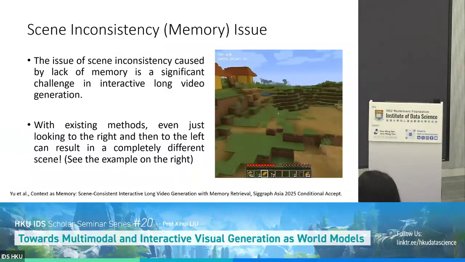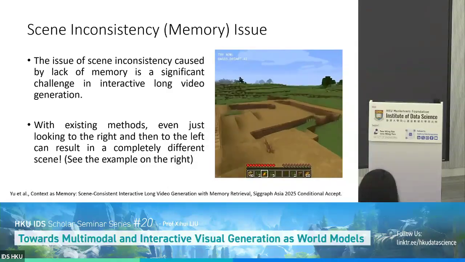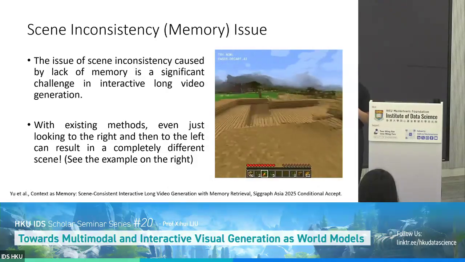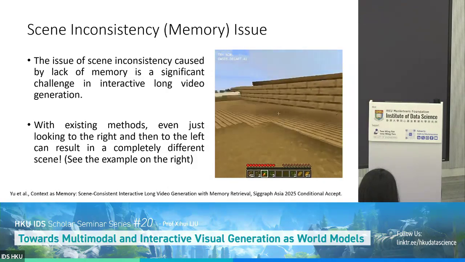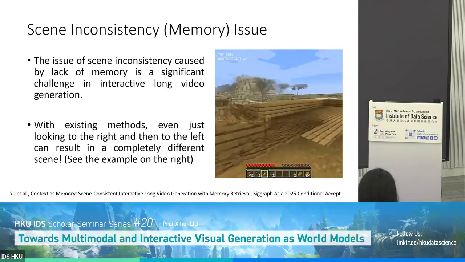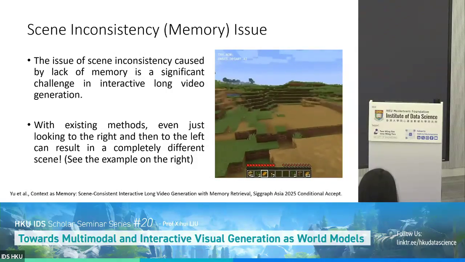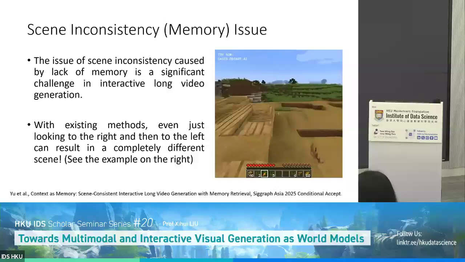But there's a limitation of this work that we found. If we just keep going forward, it doesn't matter. But if we go forward and then go backward to the original location, or if we turn right and then turn left, we see that the model is not able to keep a consistent scene.